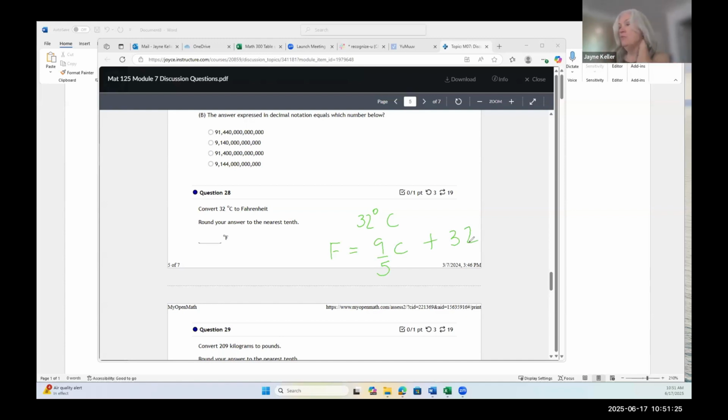And so I'm just going to rewrite this, and where the C is, I'm going to put that 32. And then I'm just going to use a calculator. So 9/5 times 32 plus 32. And I get 89.6 degrees Fahrenheit.